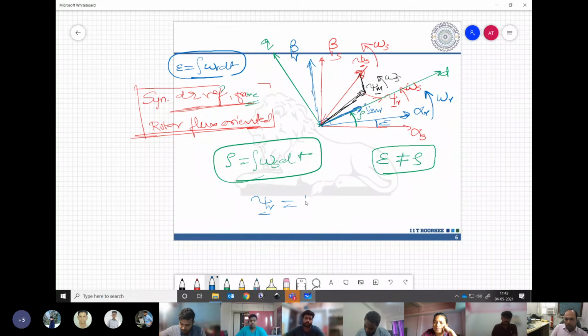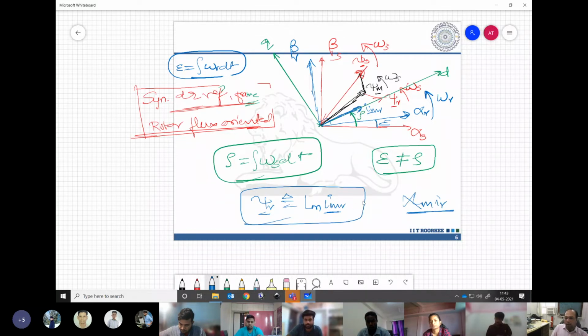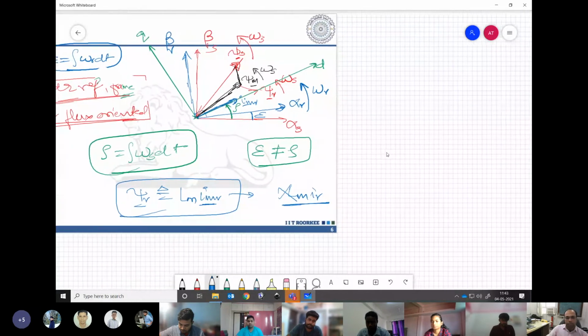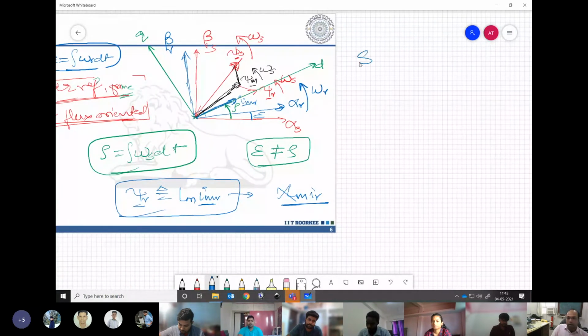Our psi r is equal to, by definition, Lm times IMR. So it is not Lm times IR. It is Lm times IMR, where IMR is a combination of our IR and IS. Correct? Now, in some places, you may find stator flux oriented control also.